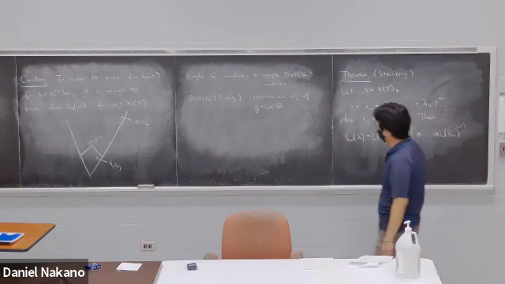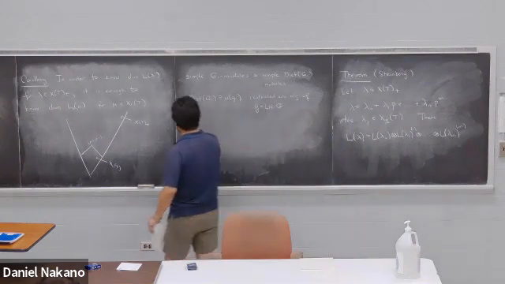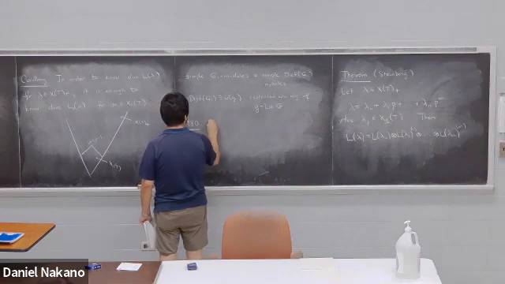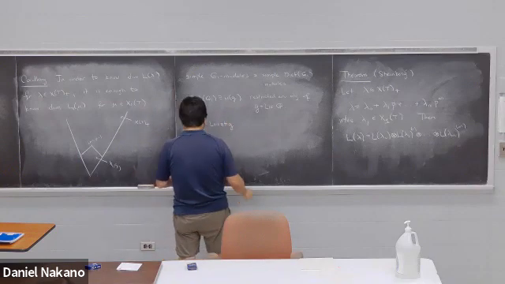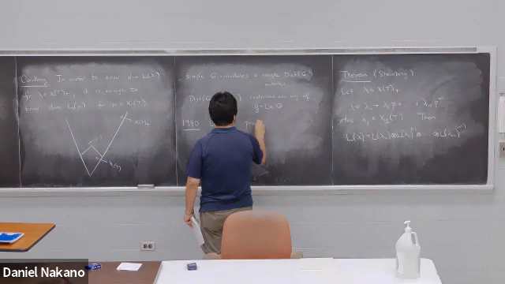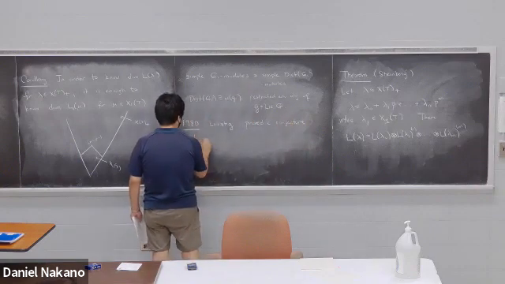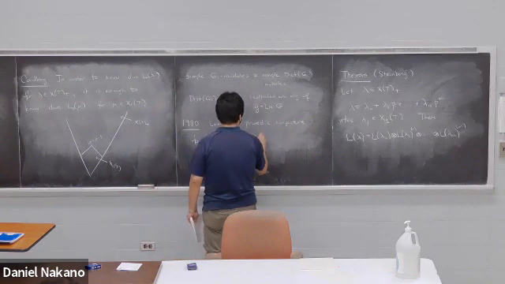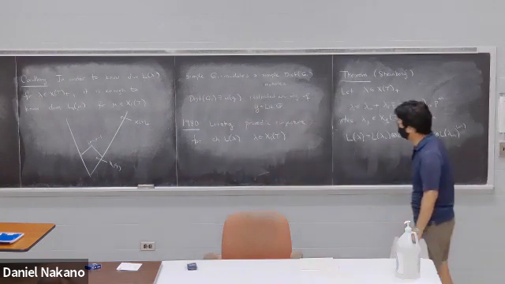Okay, so in 1980, George Lusztig provided a conjecture for the character of lambda, where lambda is in X1(T).